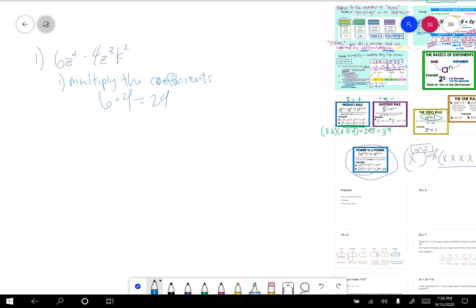That gives us 24. Second thing you're going to do is multiply the like variables, so the variables that are the same. So in this case, we have z to the 4th times z to the 3rd. Now again, when we're multiplying with exponents and they have the same base, so z and z, it's the same thing as saying z to the 4th plus 3.